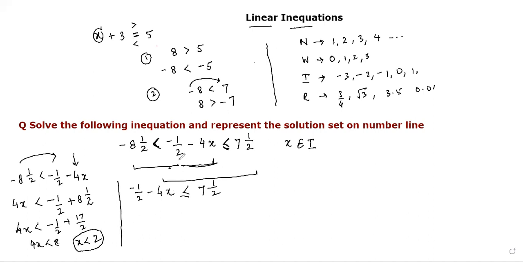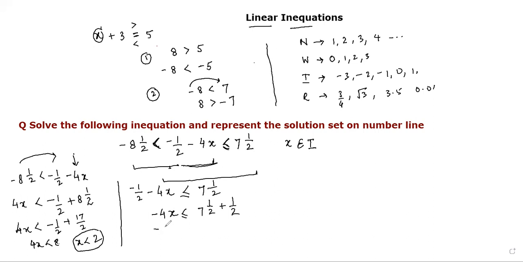But this is not complete because we have to solve the second part and see what is that x giving you. So again, keeping the variable on one side. So minus 4x, I will keep it on the left hand side, less than equal to 7.5 on the right hand side as it is, and minus 1 upon 2, when I bring it on the right hand side, that becomes plus 1 by 2.